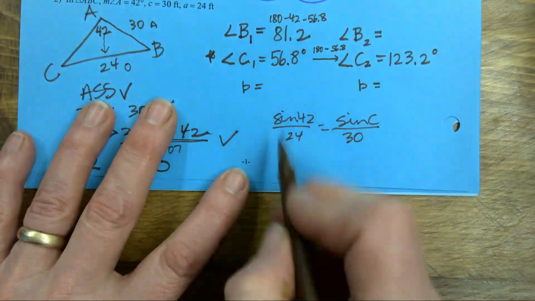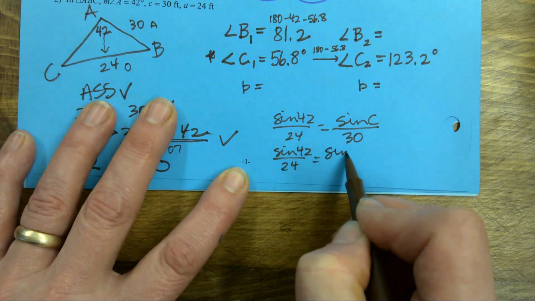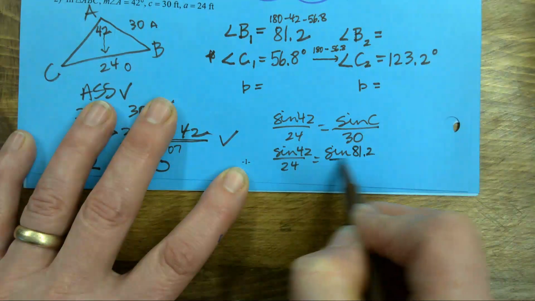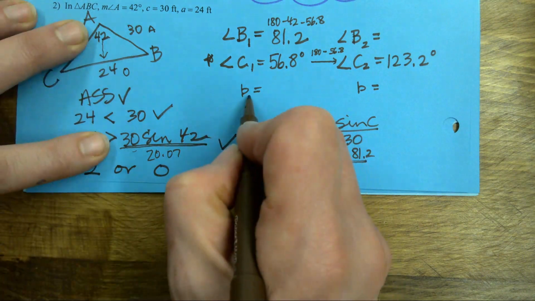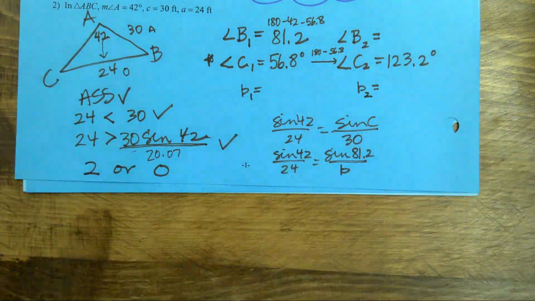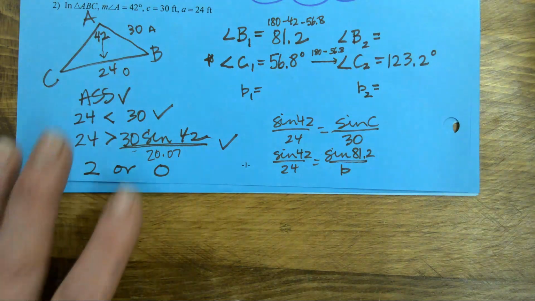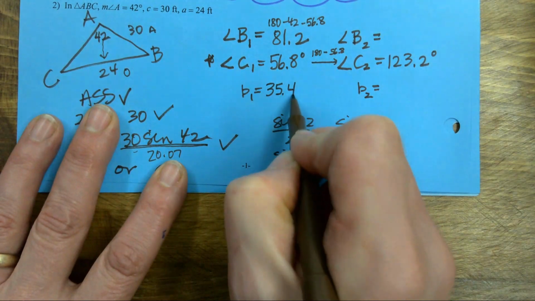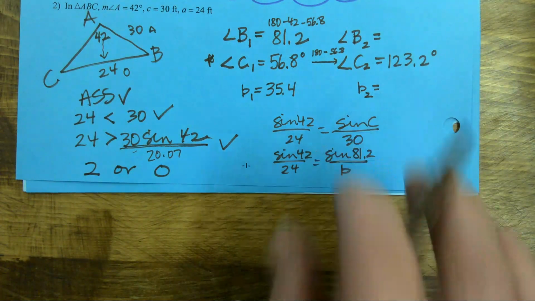So I will go down here, I'll do the sine of 42 over 24 equals the sine of 81.2 over side B. That'll give me my first solution, side B. And again, this is just a matter of plugging this stuff in. 35.4. Does anybody concur? Anybody agree? Yeah. Okay. Seems reasonable?